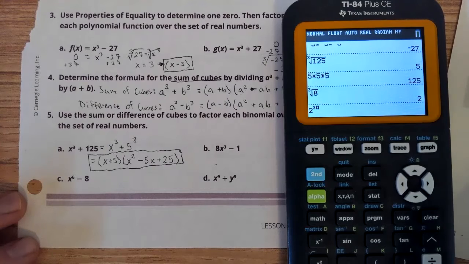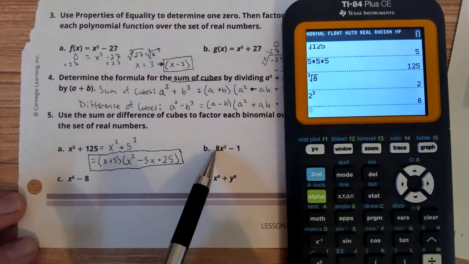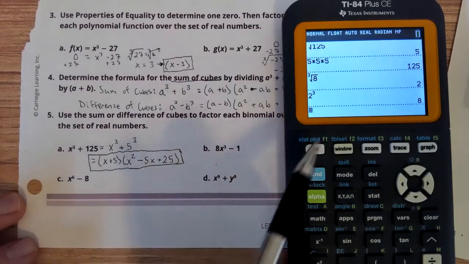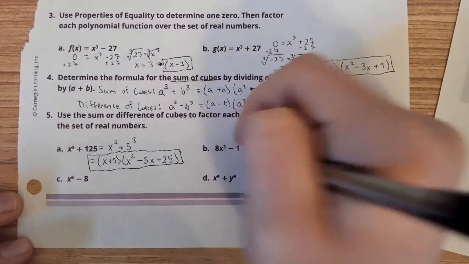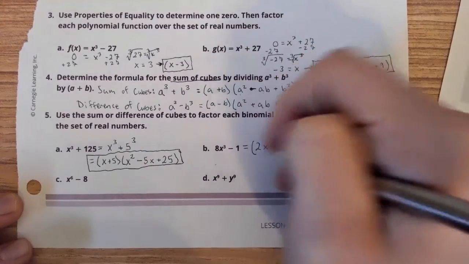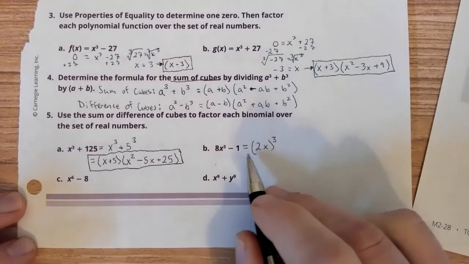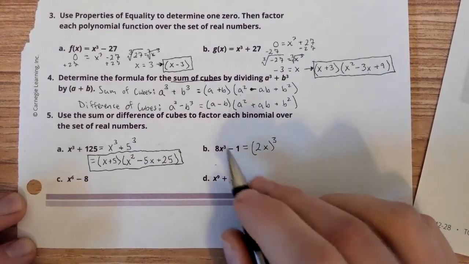Just to verify, 2 to the power of 3 gives you 8. So I'm going to rewrite 8 as 2 to the power of 3. I'm going to wrap this one in parentheses to make it more clear. 2 cubed to give me 8, x cubed to give me x cubed.